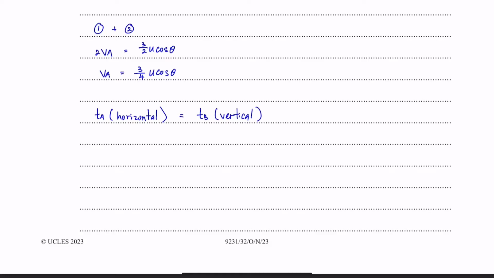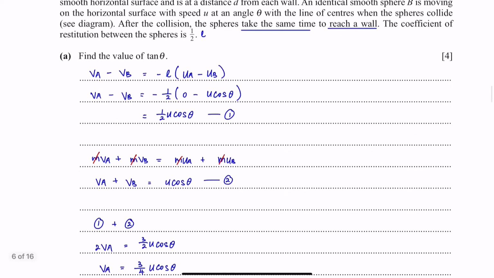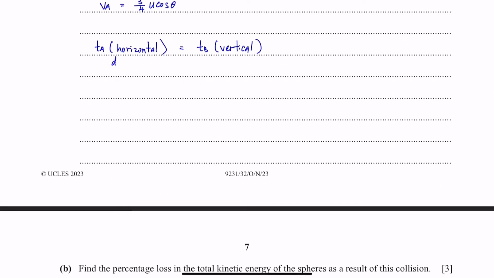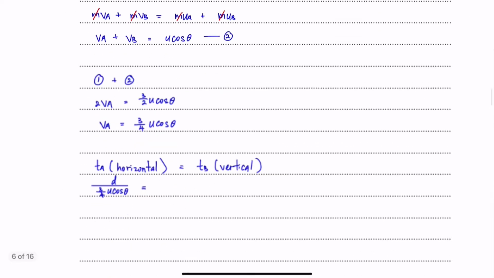So the time for A to travel is just the distance divided by the velocity. So we have d over VA, which is 3 over 4 U cos theta, equals the time for B to travel, which is also the distance over the vertical velocity.